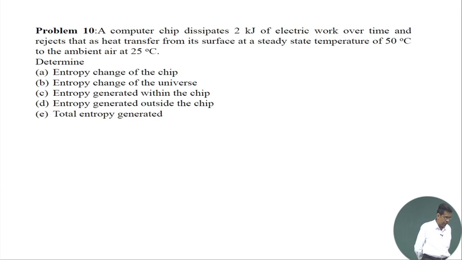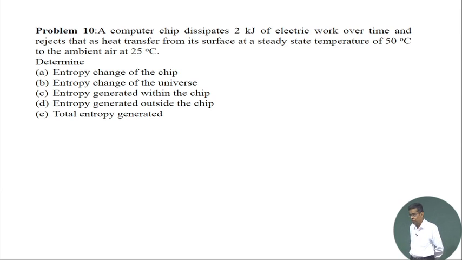We have to find out the entropy change of the chip, the entropy change of the universe, the entropy generated within the chip, the entropy generated outside the chip, and the total entropy generated, which is obviously C plus D.